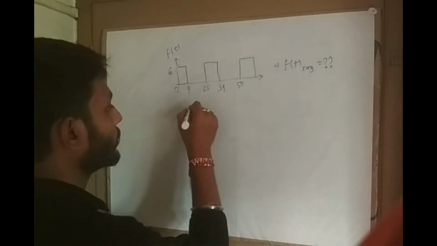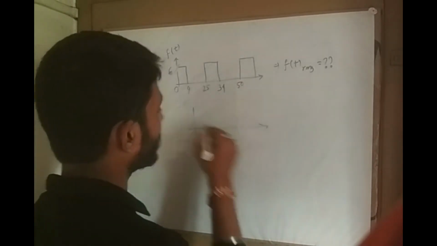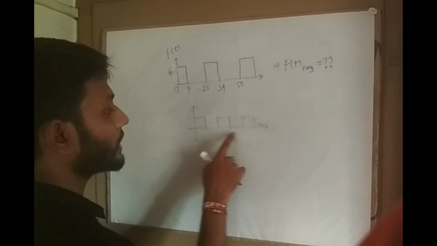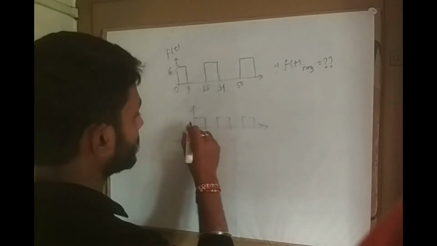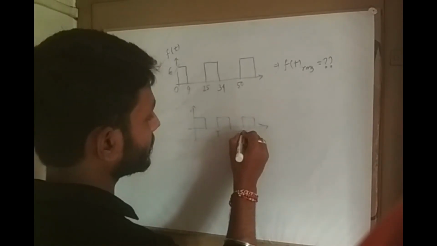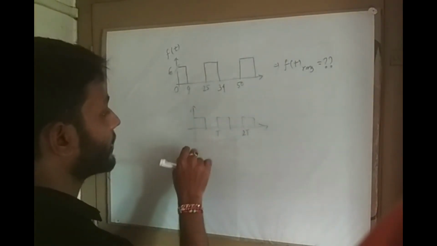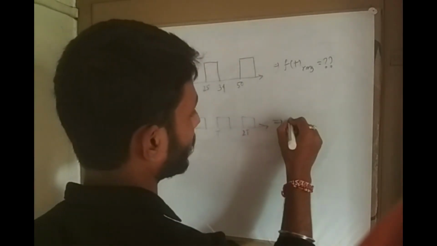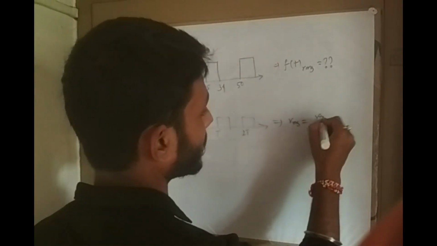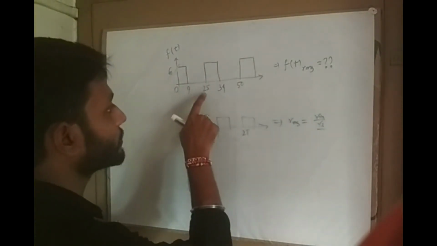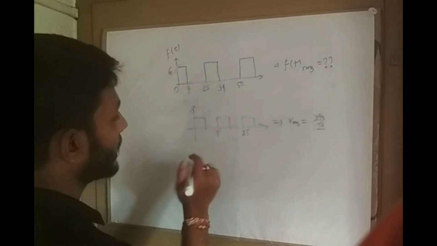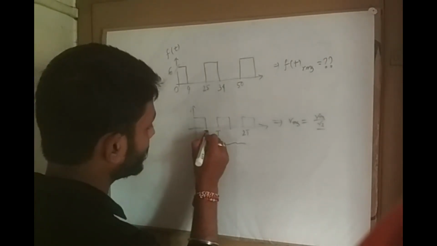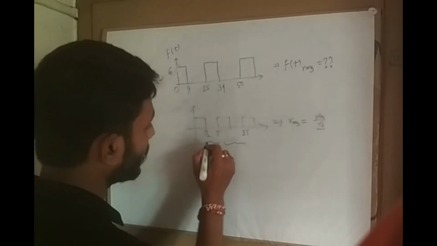Don't confuse this one with the one we have just discussed a few seconds before, where the time period is the same. For that one the Vrms value was V maximum divided by root 2, but this one is different, because there the on time is T by 2, and the off time is also T by 2.